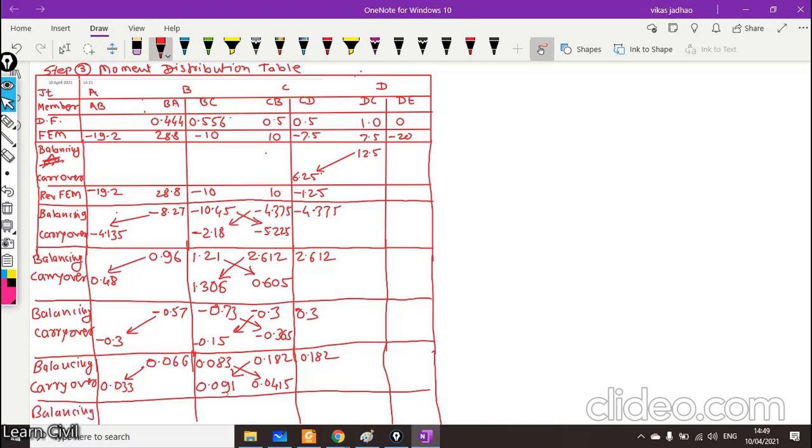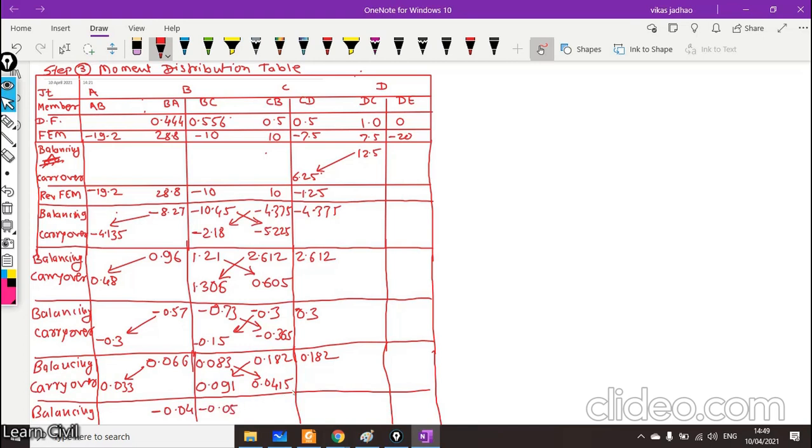Okay, so here this 0.091 will be shared by BA and BC in proportion of their stiffness. I'll directly write down the values now. It will be minus 0.04, and here we'll be having minus 0.05.